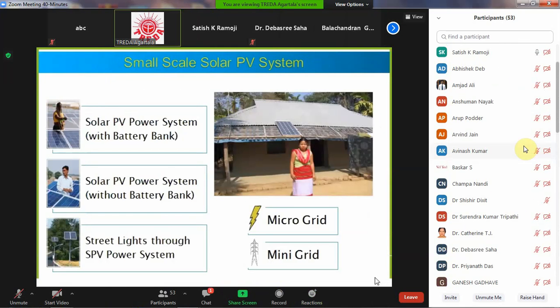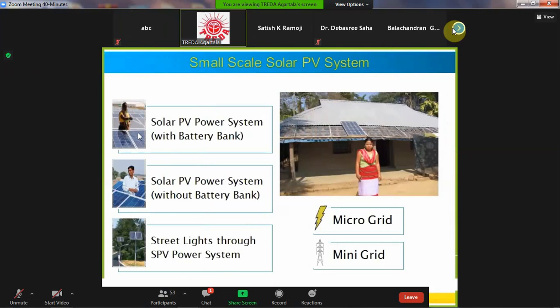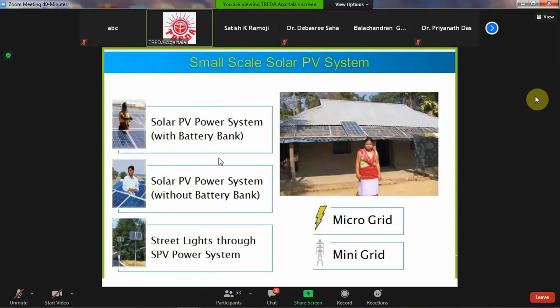Not only that, we can also use a small scale power system with battery bank. In daytime, in a solar power plant, from 1 kilowatt to 10 kilowatt, 25 kilowatt, we can use this power pack to mitigate our small energy need in village area.